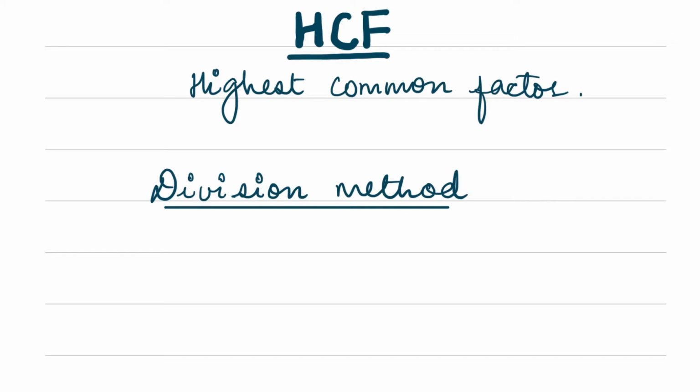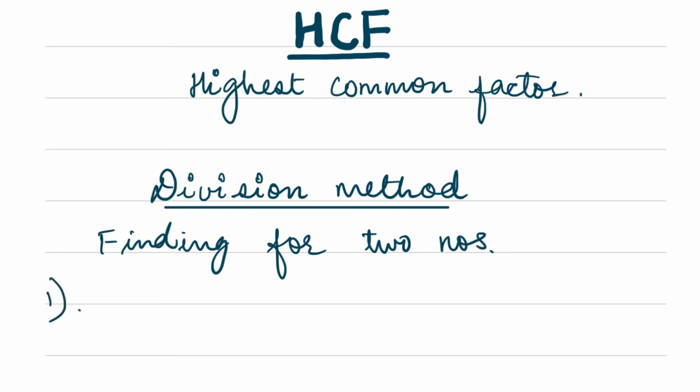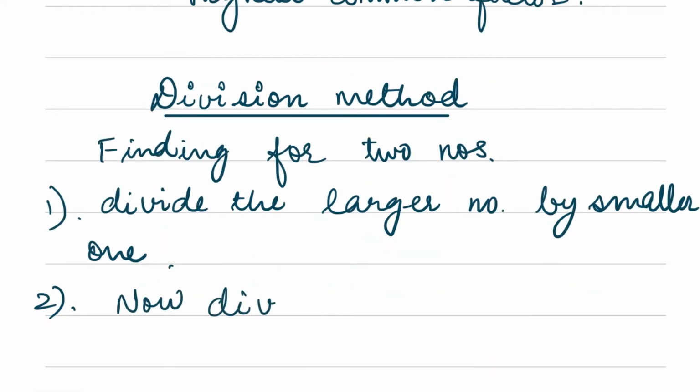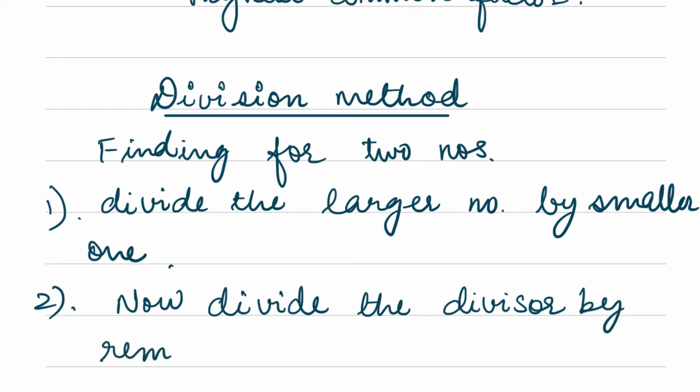We need to follow certain steps for finding the HCF of two numbers. So first step, divide the larger number among the two by the smaller one. Second, now divide the divisor in the previous case by the remainder.